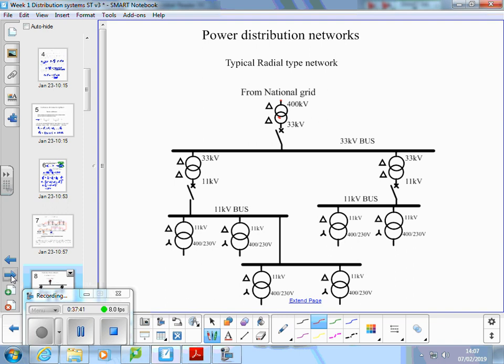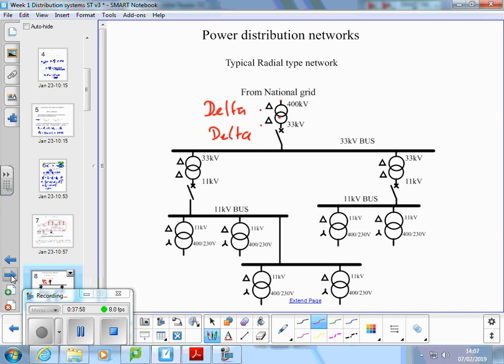More about it later, but these two symbols here are telling you that it's delta connected and delta, so both are 3-wire delta connections, primary and secondary.